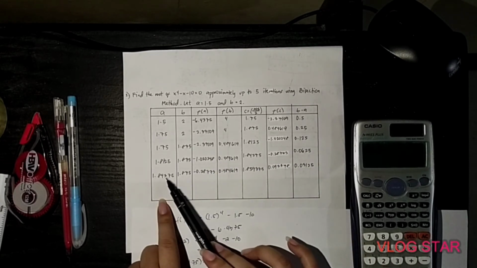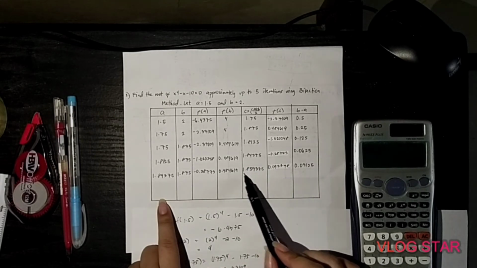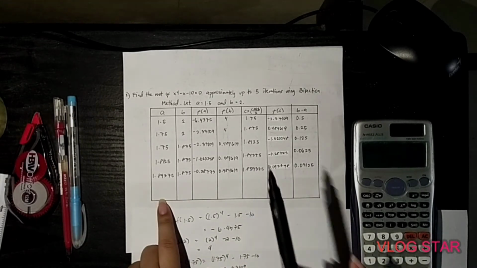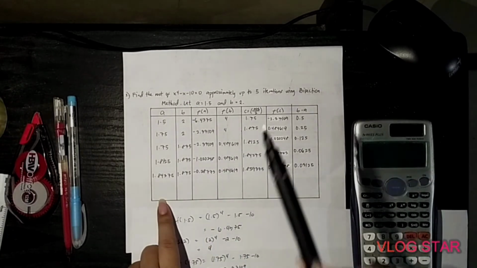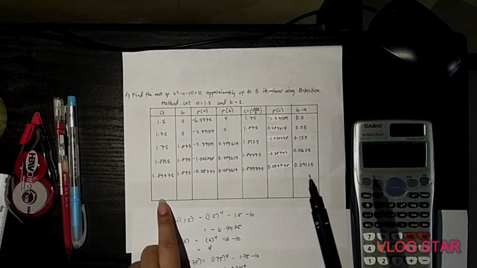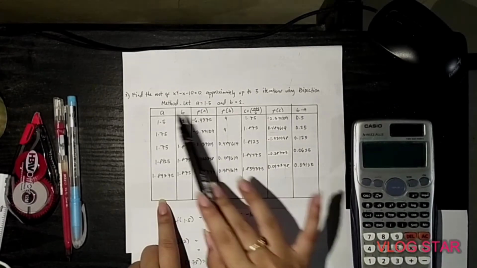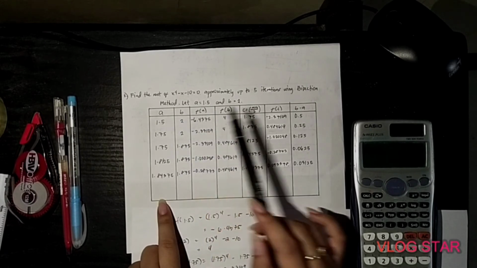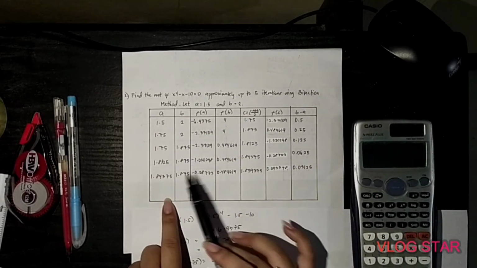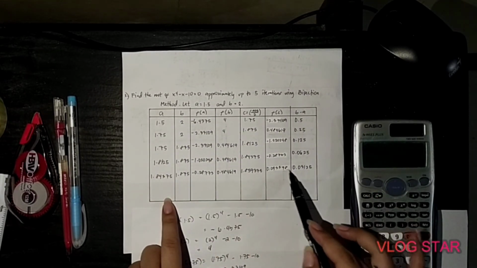And if we're going to add this and divide by 2, we're going to have this one. And if we're going to substitute this value to the x's of the function, you're going to have this one. And if we're going to find the difference between a and b, you're going to have this one.